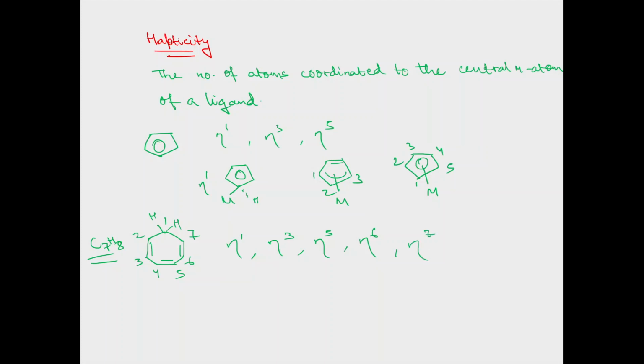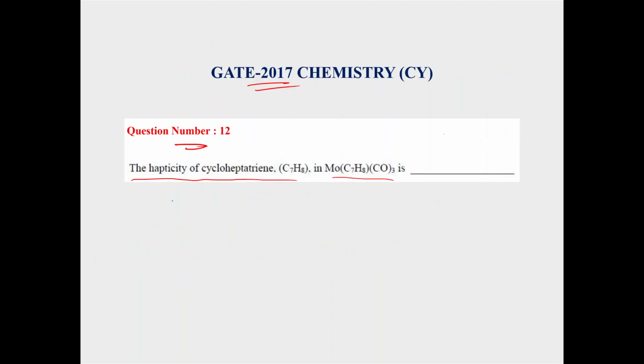So here, first of all, what we have to check is what complex is given. Mo C7H8 and then CO3. So first of all, let's calculate the total number of electrons that is present except for this C7H8. So this question is to be solved by the 18 electron rule.